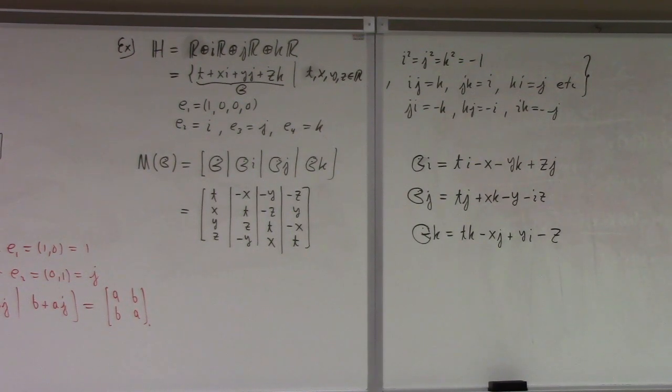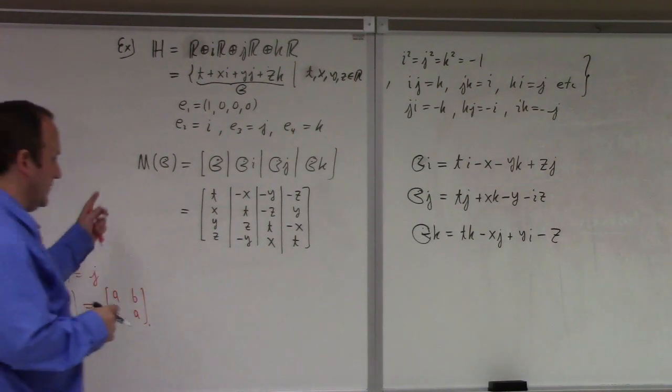And we can decide whether or not the quaternion is invertible by checking if the determinant of this matrix is non-zero. So what condition does it take for the quaternion t plus xi plus yj plus zk to be invertible? We just got to calculate the determinant of this 4 by 4 matrix, right?